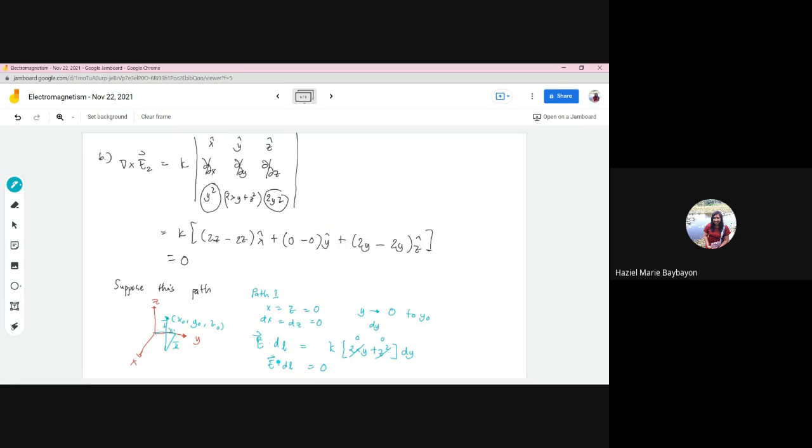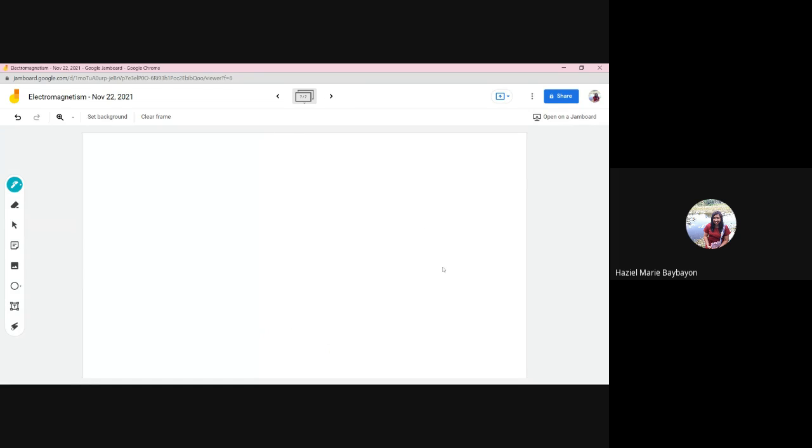And then for path number 2, this is our path number 2. Let us see which variable changes here. So y is equal to y naught. It is constant, equal to y naught. And then what changes is x, from the origin towards x naught. And then your z is also equal to 0. So for path 2, class, are you following?